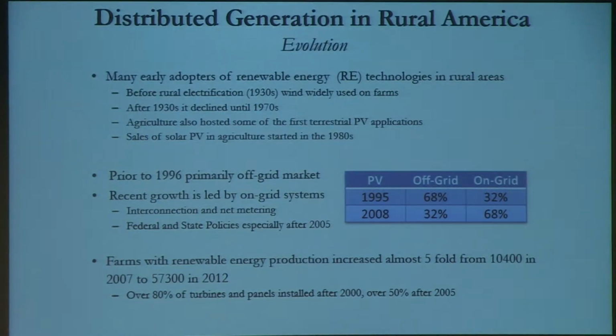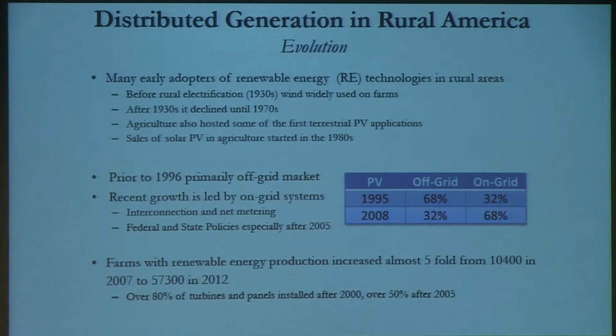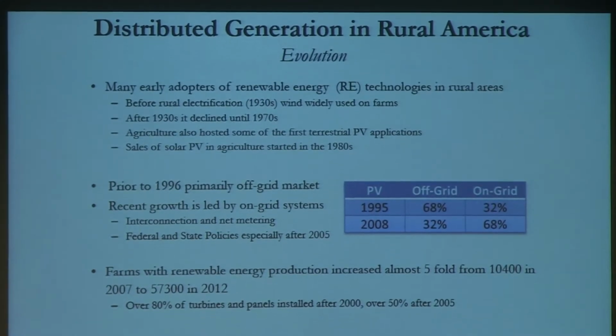Nonetheless, even though we have had huge development in the last 20 years, renewable energy is not new for rural America. Some of the early adopters of renewable energy actually were on farms, and prior to the 1930s, wind energy was widely used on the farmstead.